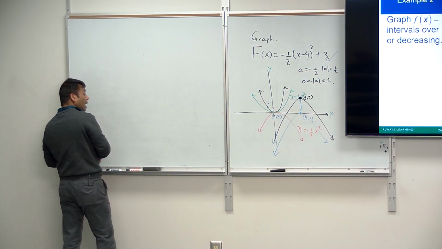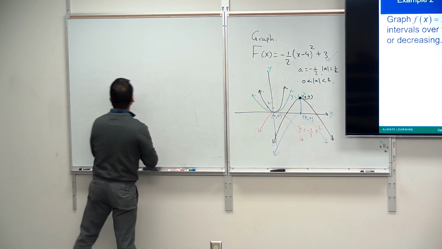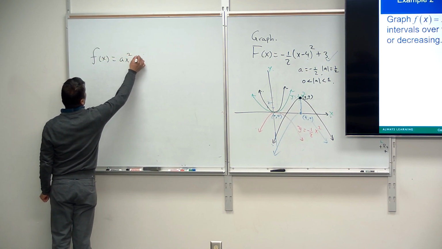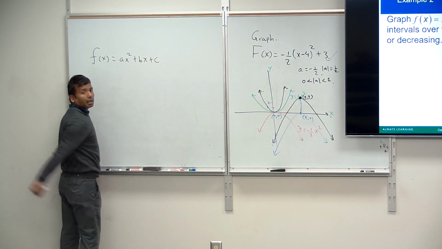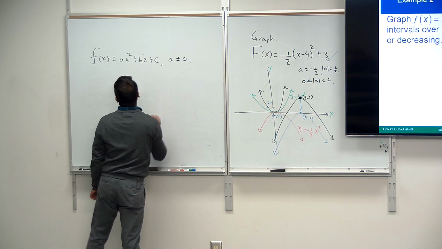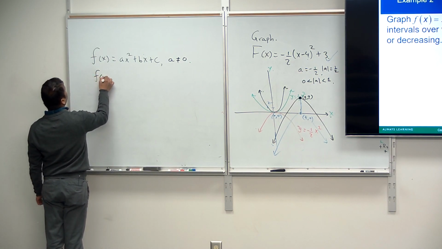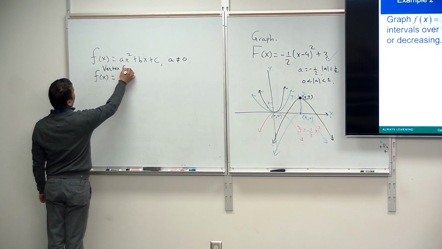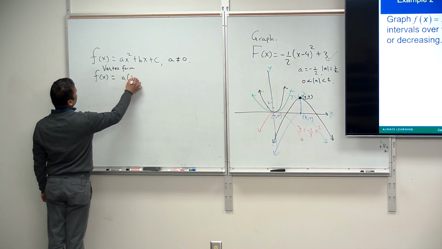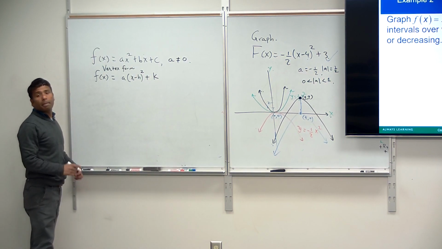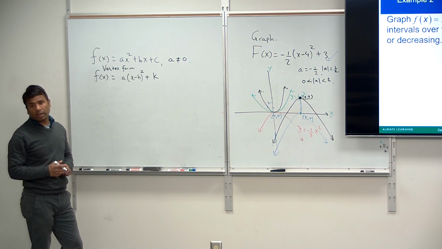If you have the quadratic function f(x) equal to ax squared plus bx plus c, where a is not equal to 0, the vertex form of the equation is a times (x minus h) squared plus k. So this is the vertex form.